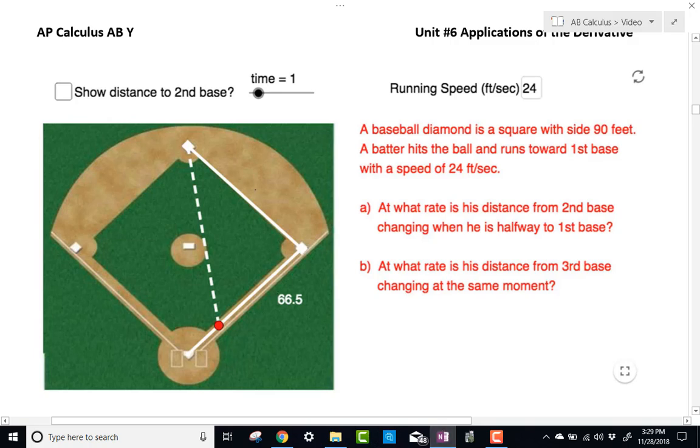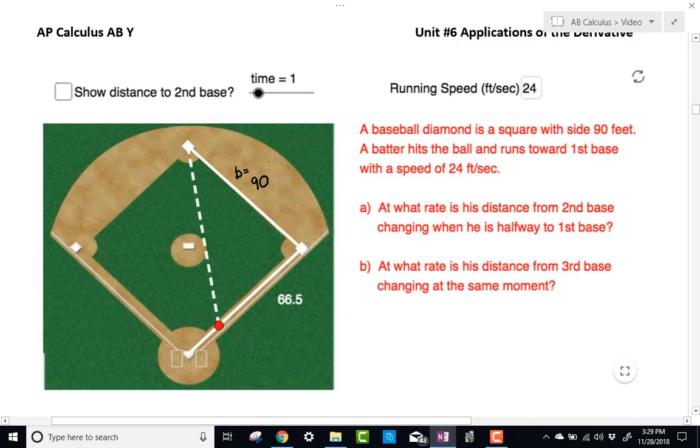First of all, I'm going to label my triangle here because I know that this is 90 feet between first and second. Actually, instead of X, I'll use B, since it's a right triangle.